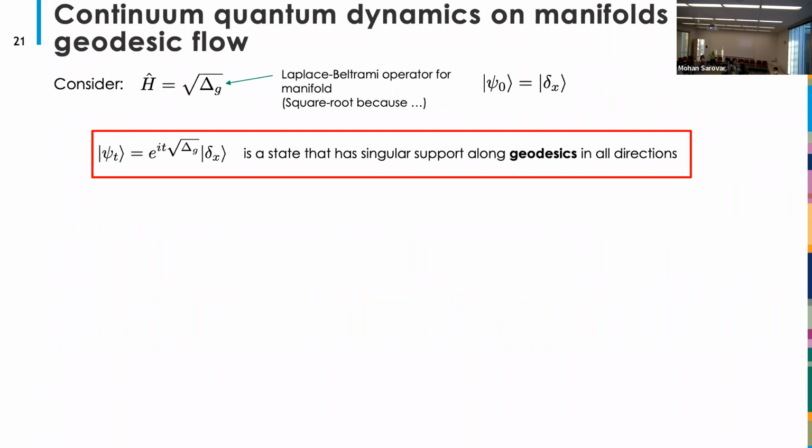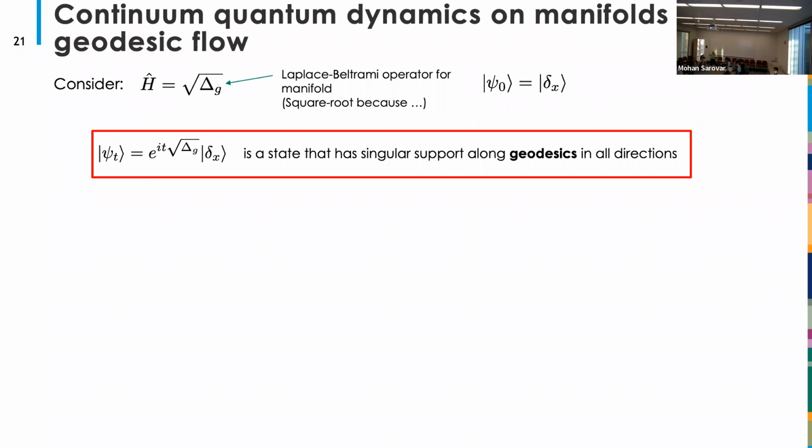I'm going to step away from data now and just talk about continuum quantum mechanics on manifolds. I'm going to consider a Hamiltonian that's the square root of the Laplacian on that manifold. I'll explain why the square root, but maybe just bear with me for a couple of slides. If it were just the Laplacian, it would just be free kinetic energy; if this was flat, it would be p squared, for example.